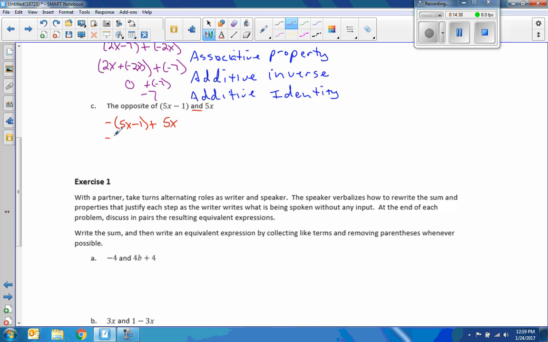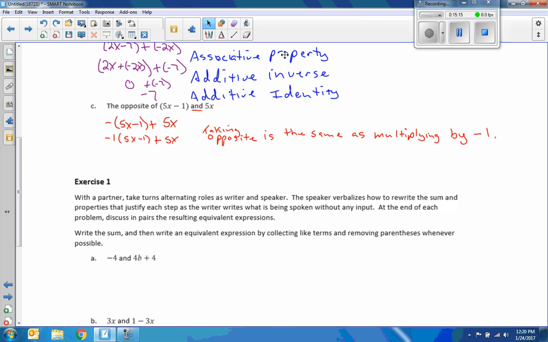Okay, so I'm going to change this to a negative 1. I'm just going to throw a negative 1 in there to explain this. Taking the opposite is equivalent to multiplying by negative 1. Taking opposite is the same as multiplying by negative 1.